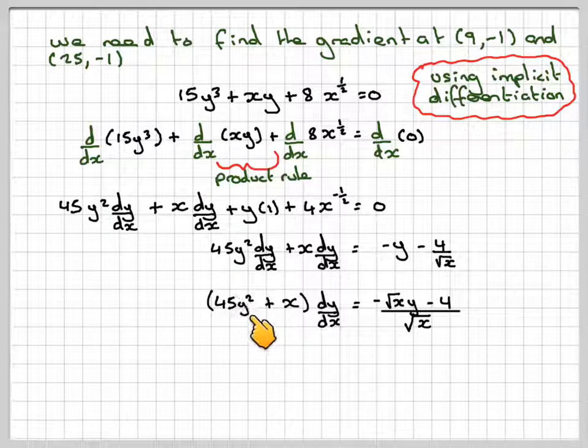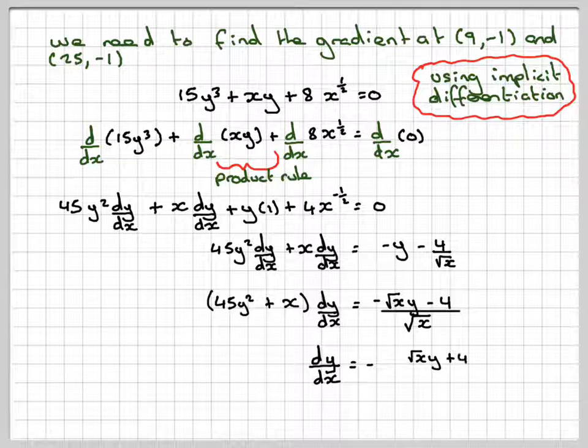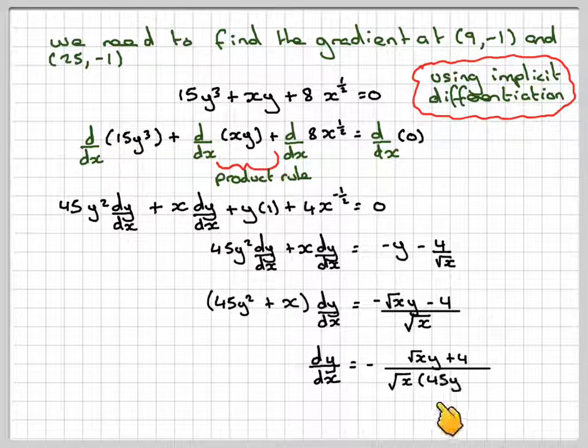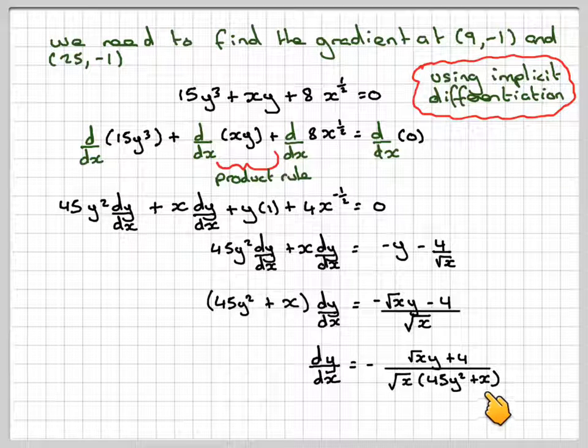Right, now I can divide by this. So we get dy by dx is going to be, now taking out the minus sign here, we'll make this root x y plus 4. But the minus sign goes in front of the line because the line here acts as a bracket. And then here we get root x times 45y squared plus x.